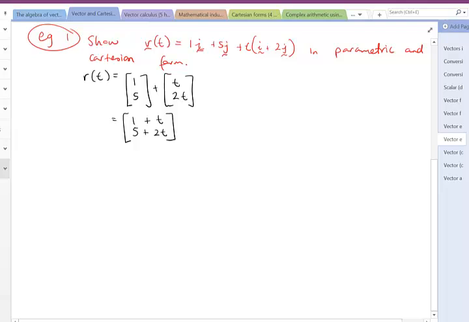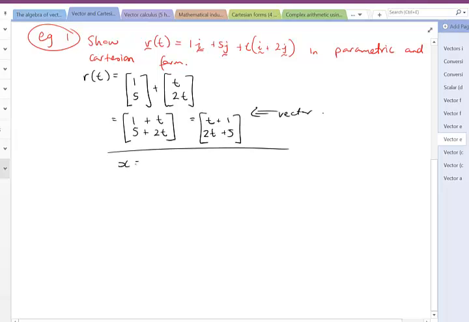You can see how that relates, particularly if we write that as t plus 1 and 2t plus 5. You can see how those values and coefficients relate to the a and d values. Okay, so that's our vector form.